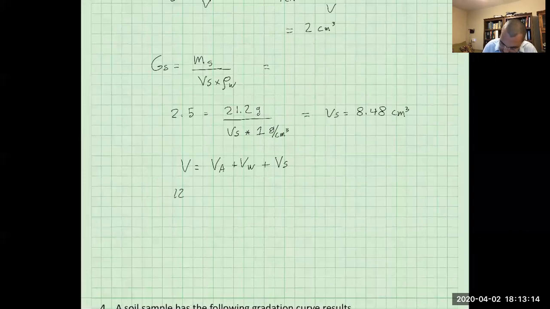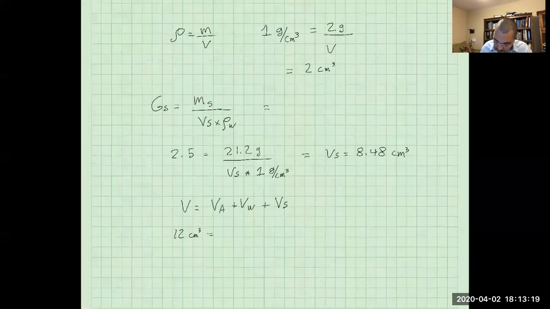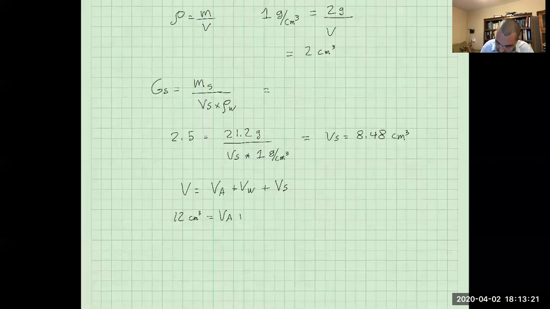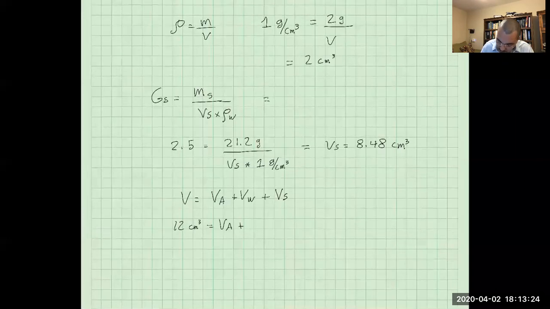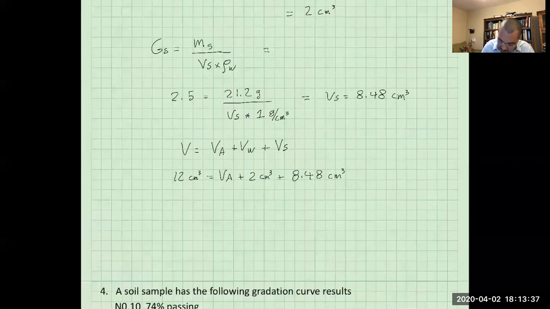We have 12, and the volume of air, we're trying to find it, and the volume of the water is 2, and the volume of solids is 8.48 centimeters cubed. So the volume of air is going to be equal to 1.52 centimeters cubed.